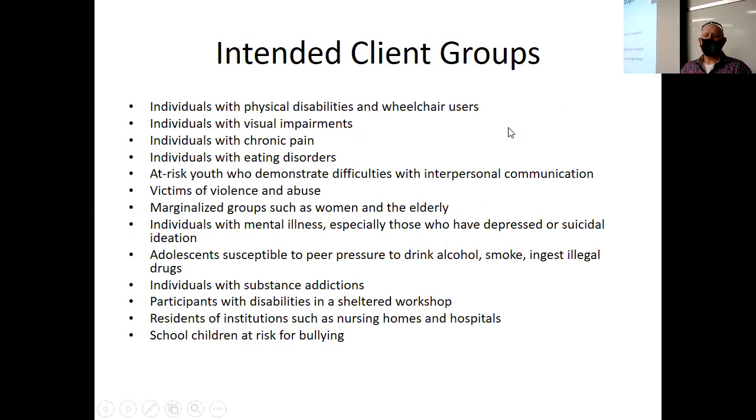So who are the clients that we will probably have to work with or could work with who may need some assertiveness training or nudging to try to help them realize that they need to be assertive? Individuals with physical disability, wheelchair users.